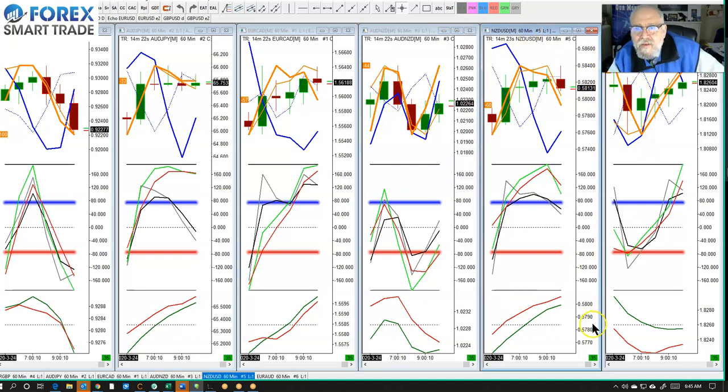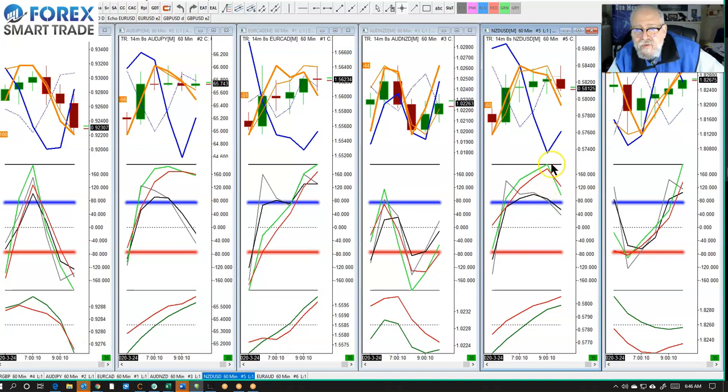Moving forward, New Zealand dollar, US dollar, overbought. Everybody's pointing down, and I have a double cross, black on top of gray and red on top of green. So this is good. 3 points here. The two oranges are going down.